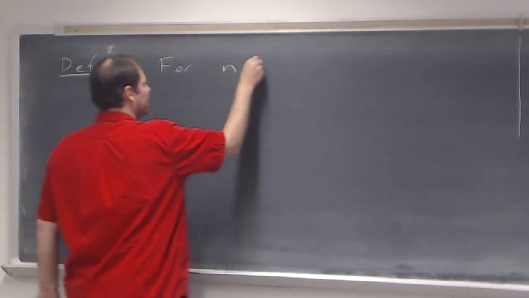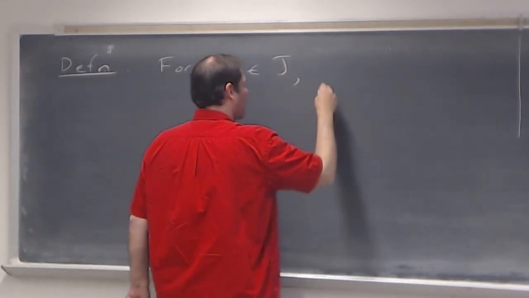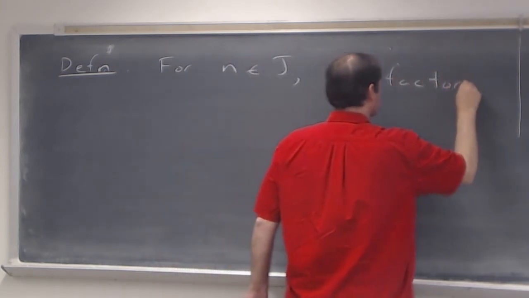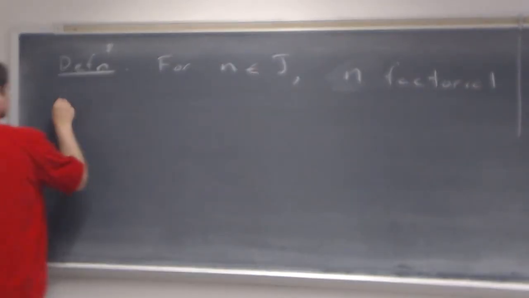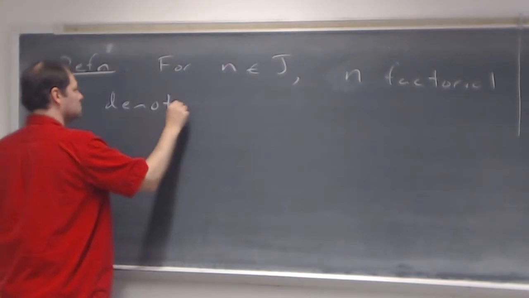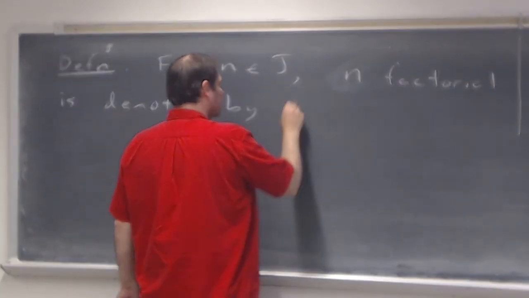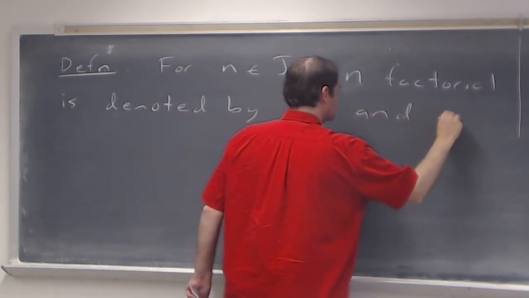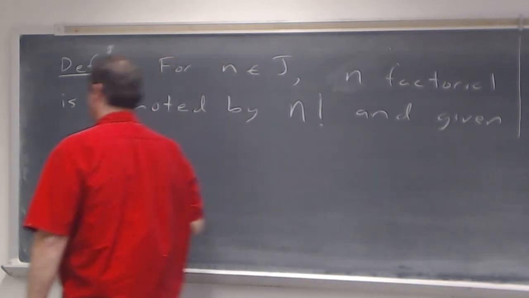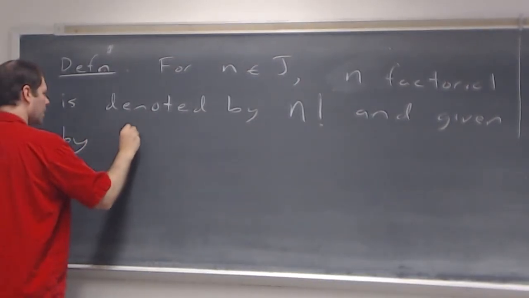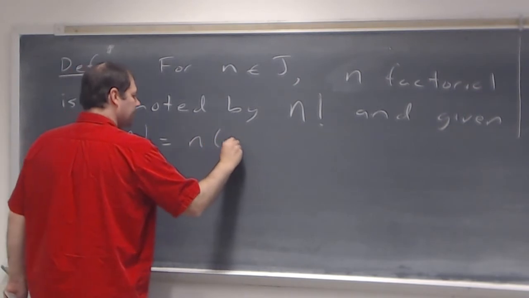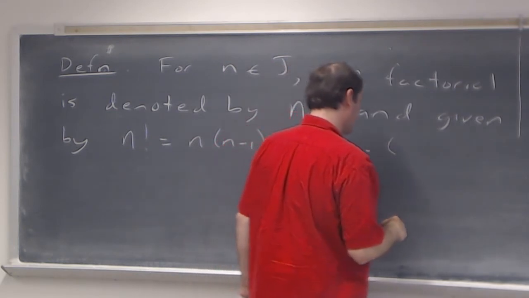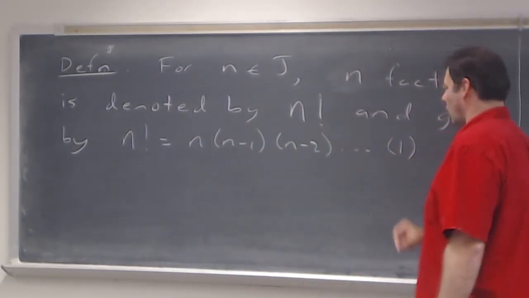For n being a natural number, n factorial is denoted by n with an exclamation point and given by n times n minus 1 times 1 less than that. We keep going down in this product to the last number involved, which is 1.